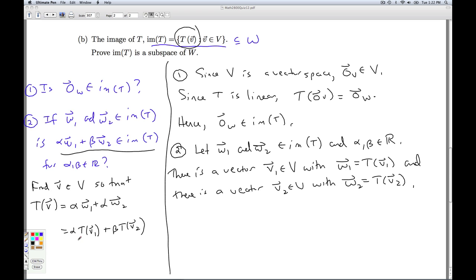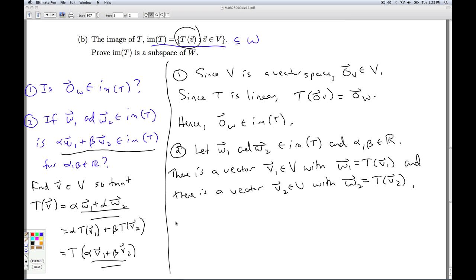So, using linearity, I know that linear combinations are preserved under linear transformations. So I have a linear transformation of the images of v1 and v2. By linearity, that's the image of the linear combination of v1 and v2 themselves. So this is the guy that's going to be shipped to this guy.